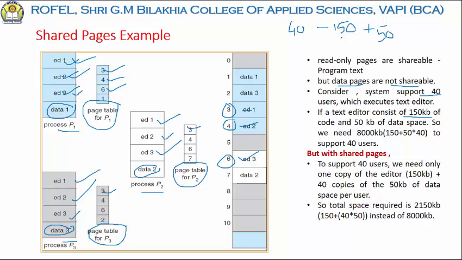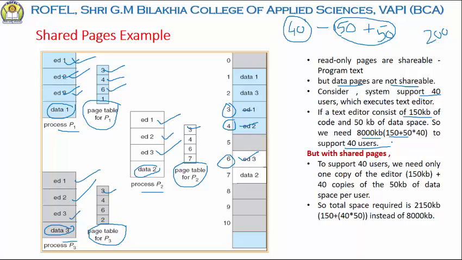So each and every process requires 200 KB, and that 200 KB is used by 40 users. So at the end we need 8000 KB. How? 150 plus 50, that is 200 KB for each process, and we have 40 different users who have to access this memory. So to support 40 users we need 8000 KB of space.